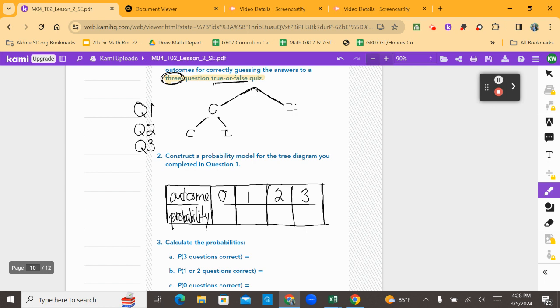Set a timer for about 5 to 7 minutes to knock this activity out, and then we will compare answers. So maximum 7 minutes, 5 if you're feeling ambitious. I'll let the class decide, and then pause here and get started. All right, go ahead and pause here.